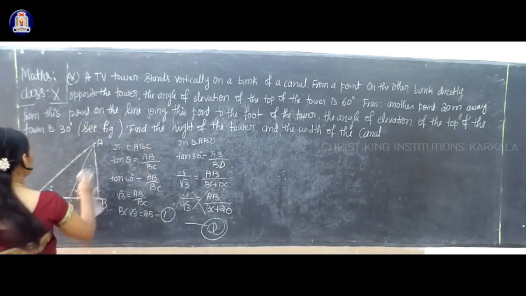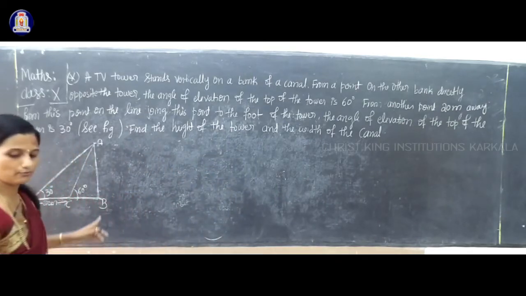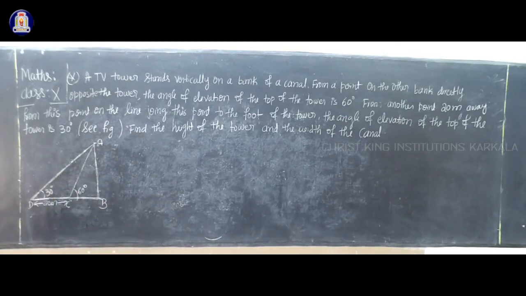So now we'll start again. I think you understood this figure. Figure is given, and if the figure is given, then simplification is very easy. The TV tower stands on the canal. From this point, the angle of elevation to the top is 60 degree.